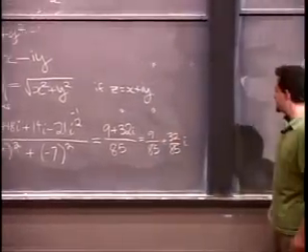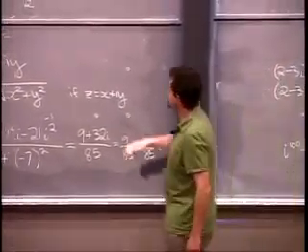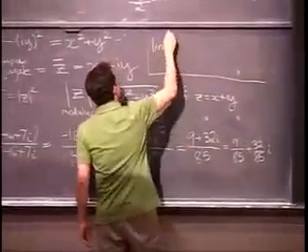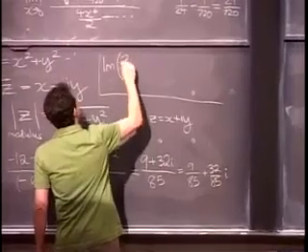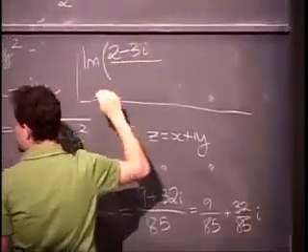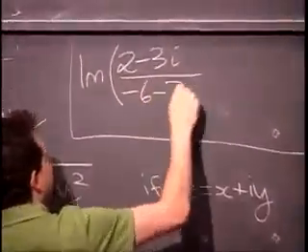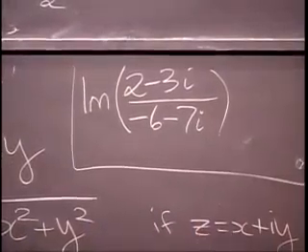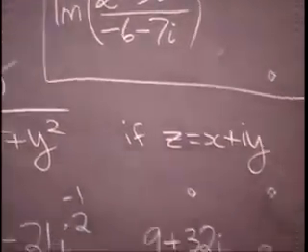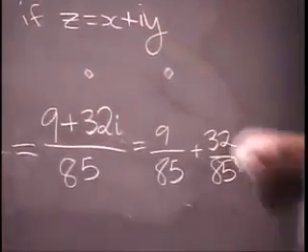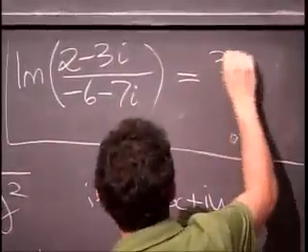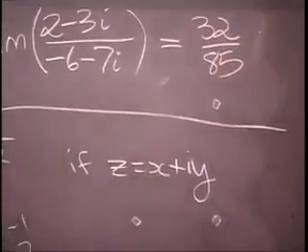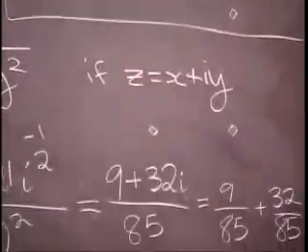The only thing I want to comment is that if the problem was to find the imaginary part of this ratio 2 minus 3i over minus 6 minus 7i, you would have to actually do everything we just did and work it out, and you get 9 85ths plus 32 85ths i, and you can just read out the imaginary part is 32 85ths. Of course, you could also read off the real part as 9 85ths too.